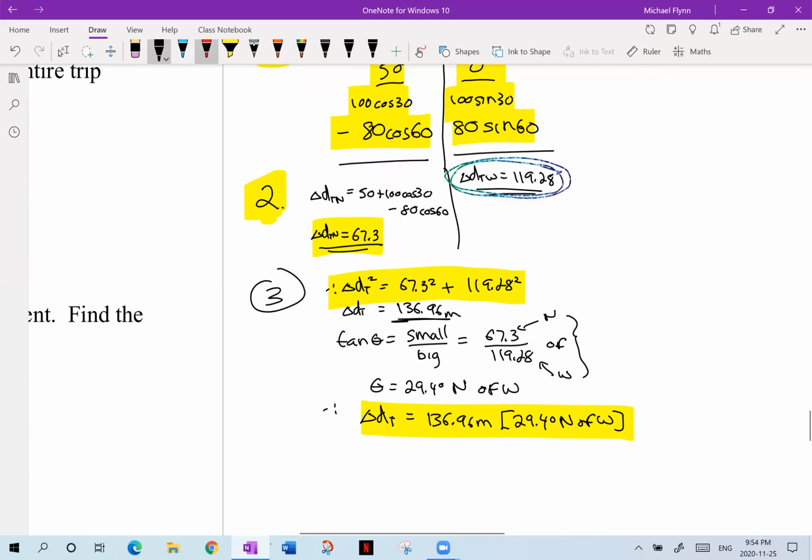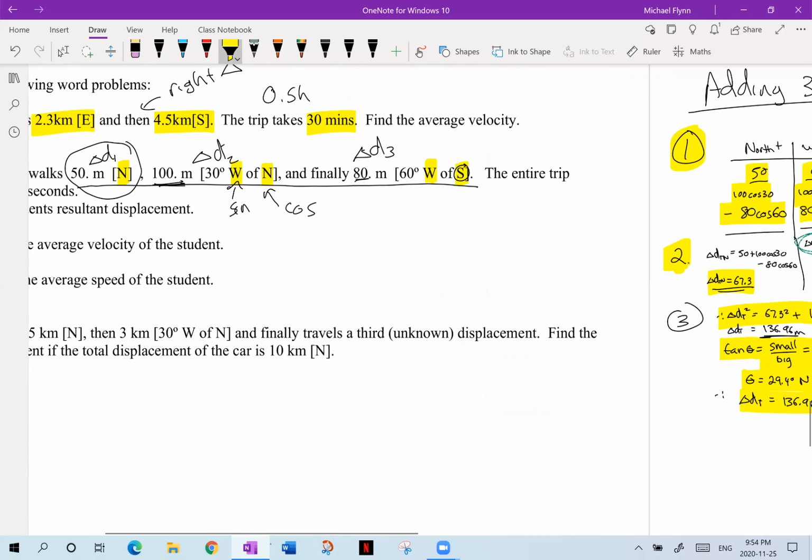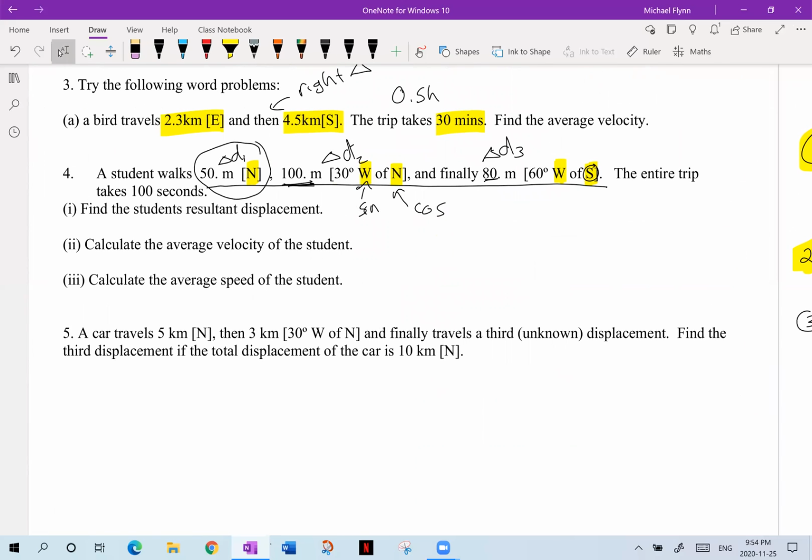And then tan of theta equals small over big to get the direction of your answer. And that's it, you're done. Three steps. Each step is actually really simple, okay? And we've turned a very hard problem to do any other way, really, into just a right angle triangle, right? Okay, so I'm going to let you work on the rest of this.